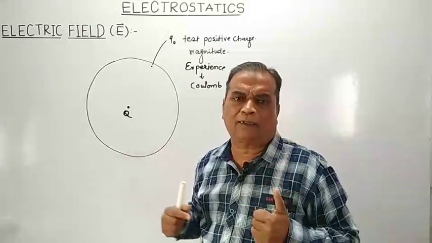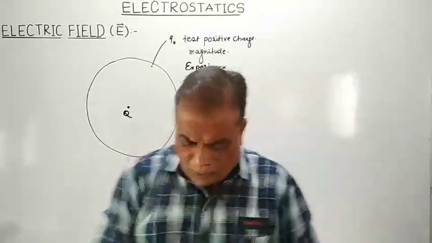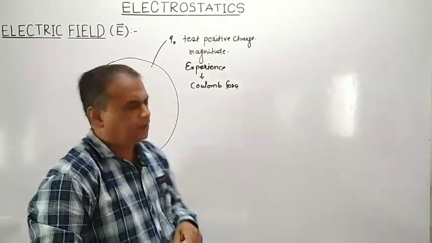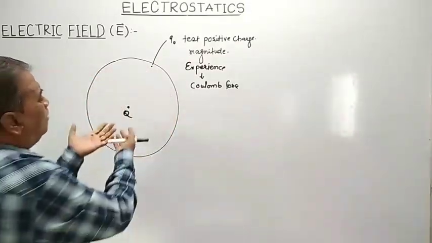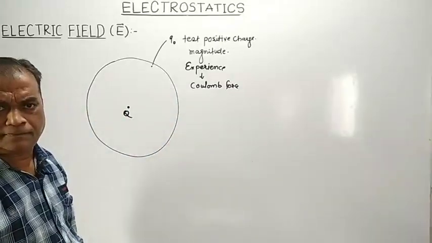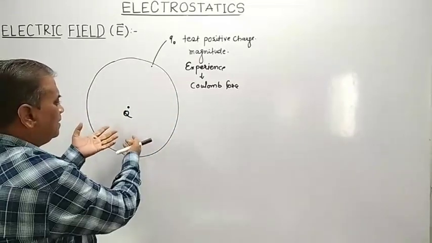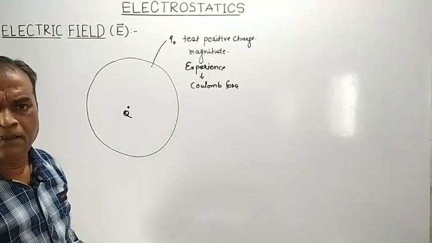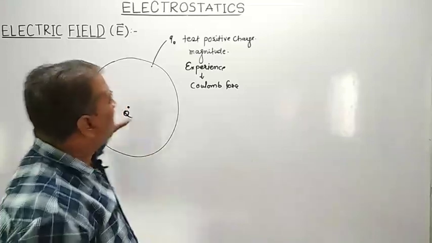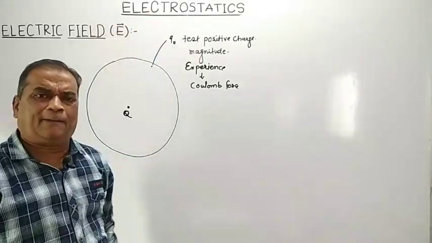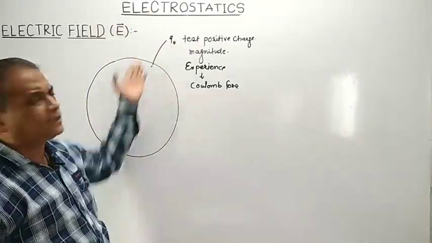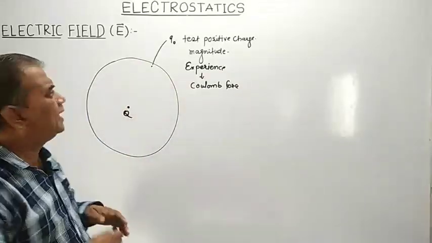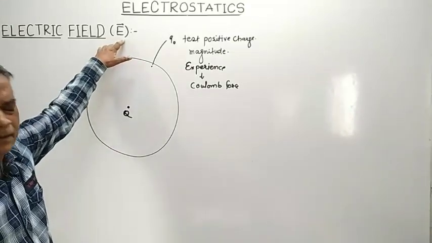Whenever you come across the question, what is an electric field? It is the region around the given charge object in which a Coulomb force is experienced by another charge. That region is called an electric field.